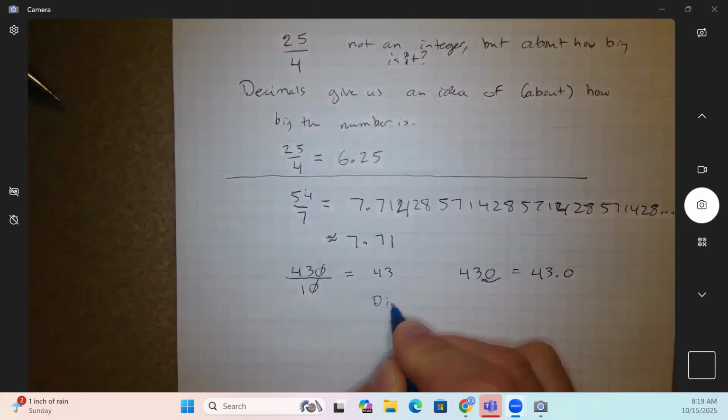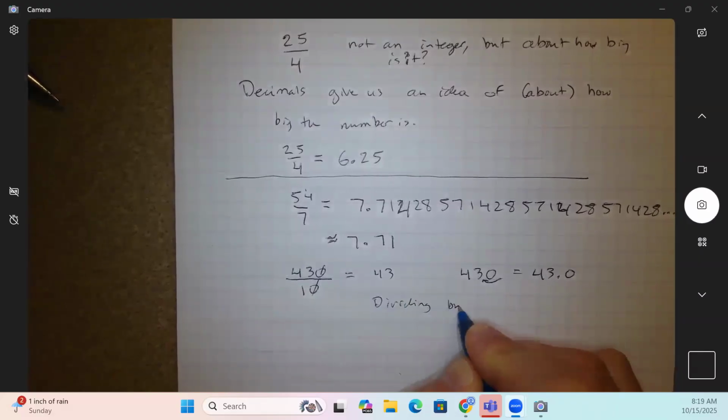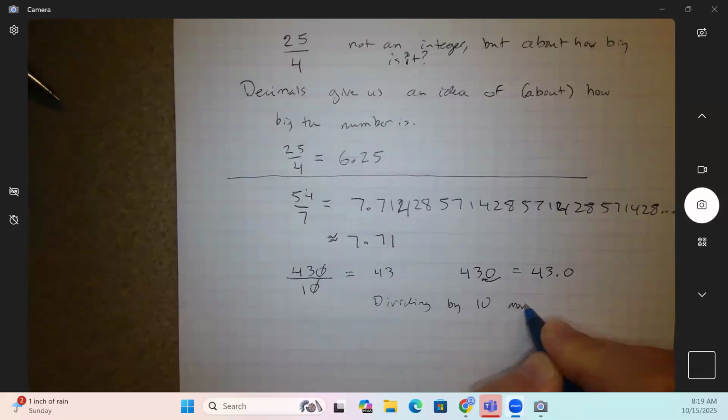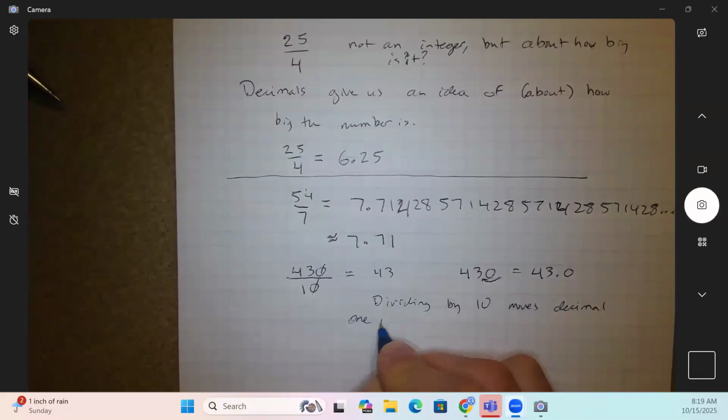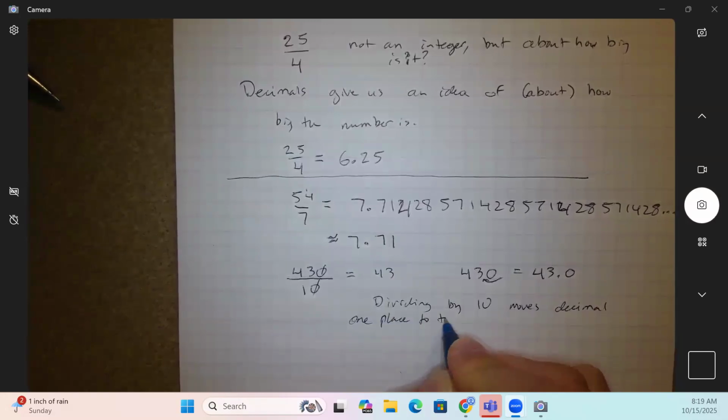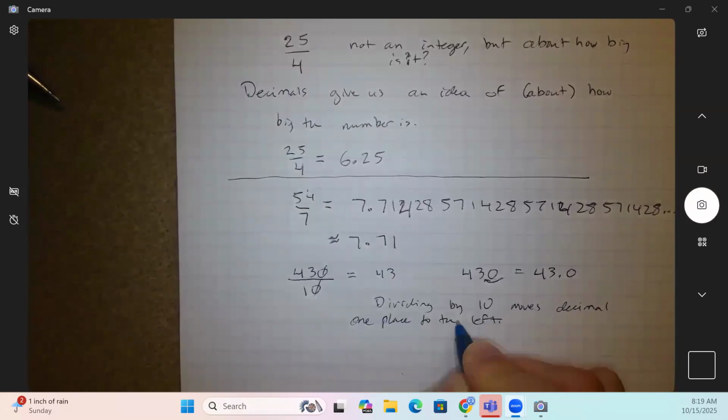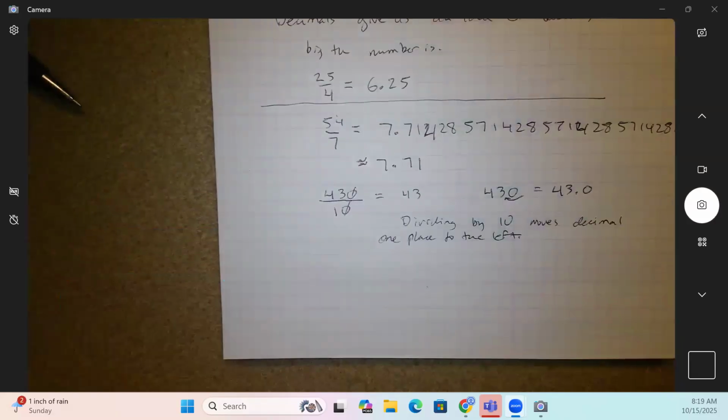So dividing by 10 moves the decimal one place to the left. That's one reason why dividing by multiples of 10 is pretty nice.